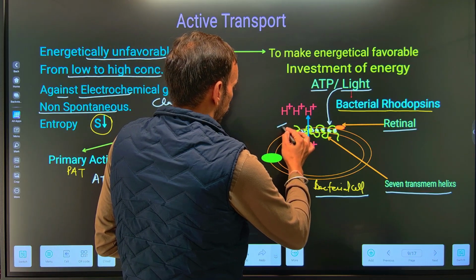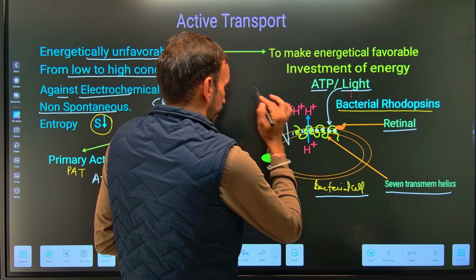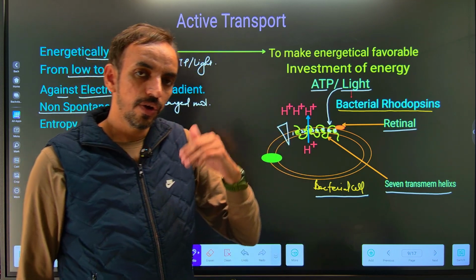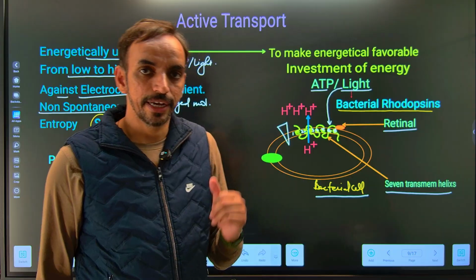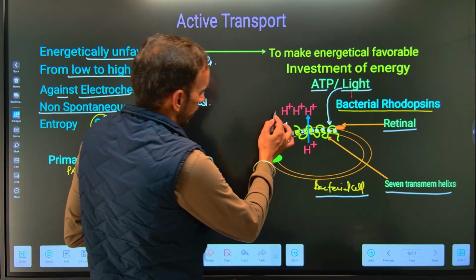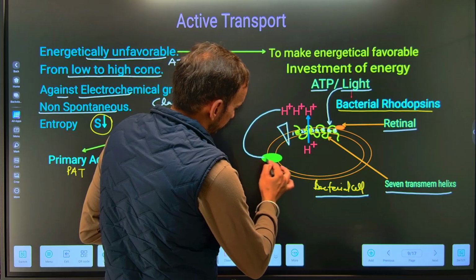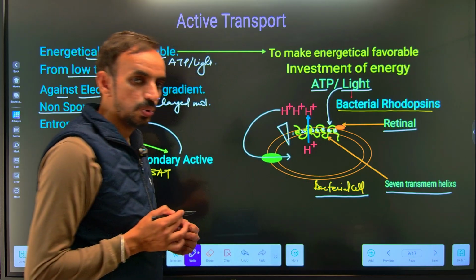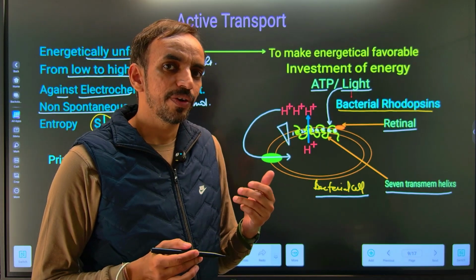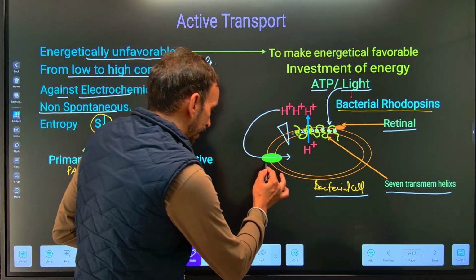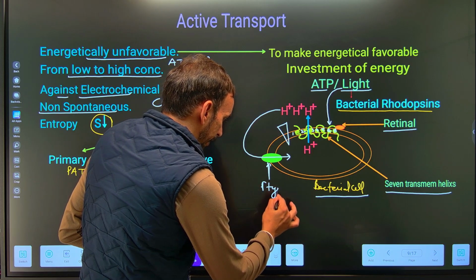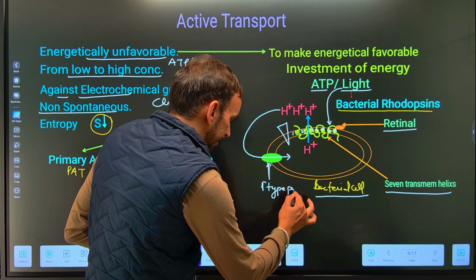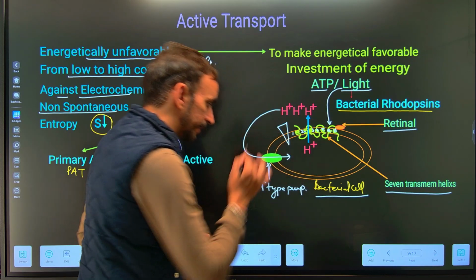That means the H plus ions are already higher in concentration outside, and still it transports protons toward the outside. Now when these protons come down their concentrational gradient through another type of pump known as F-type pumps, we will talk about those later within active transportation.